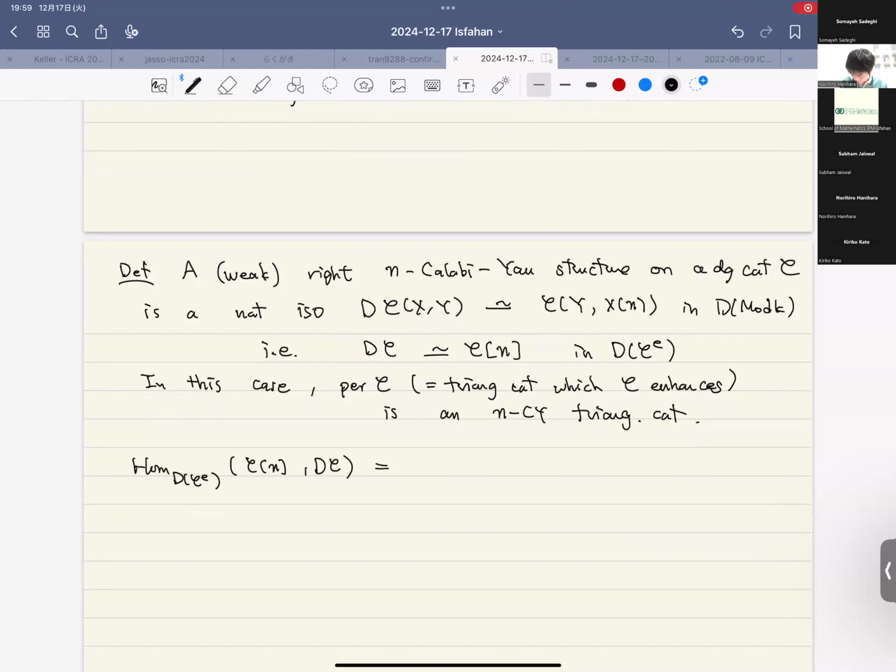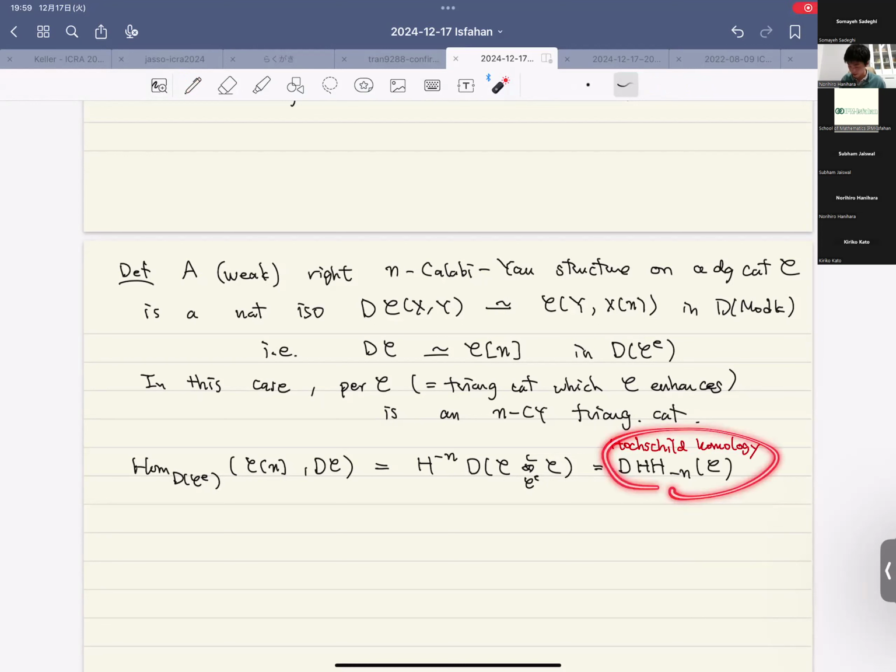And by adjunction, this is the minus n cohomology of the dual of C derived tensor C of C, which is nothing but the dual of the Hochschild homology of C. So this is an invariant of a DG category that this isomorphism lives in.